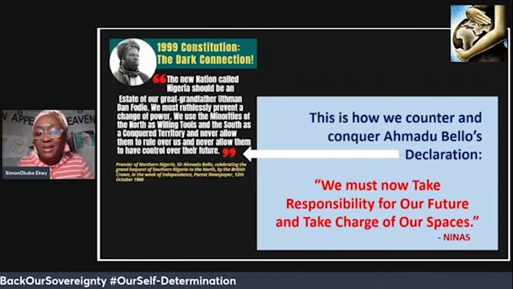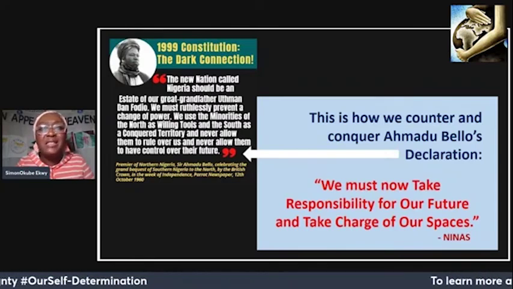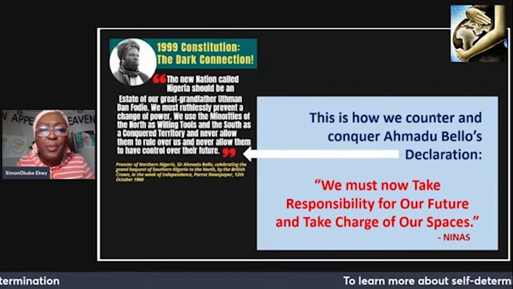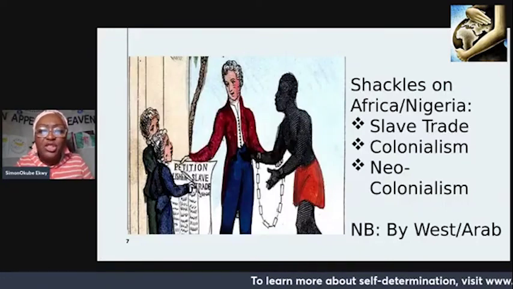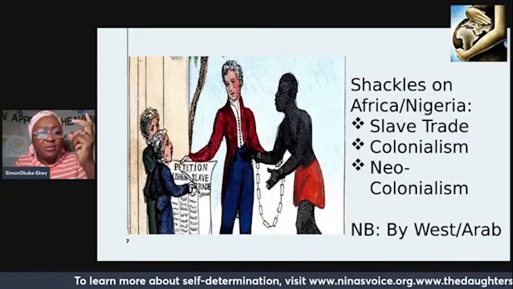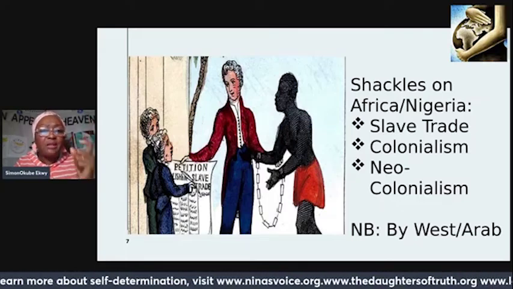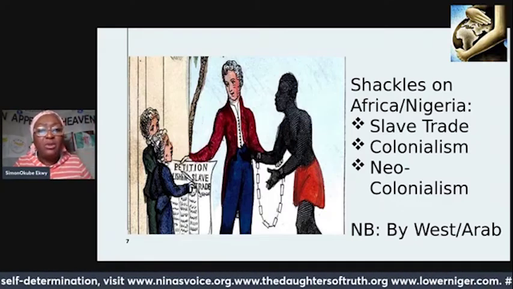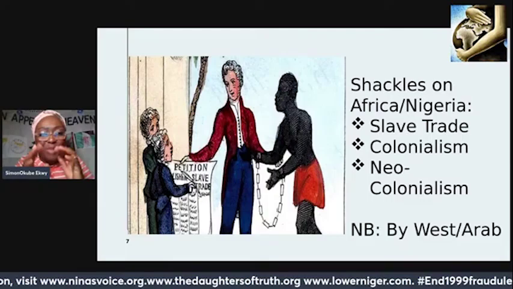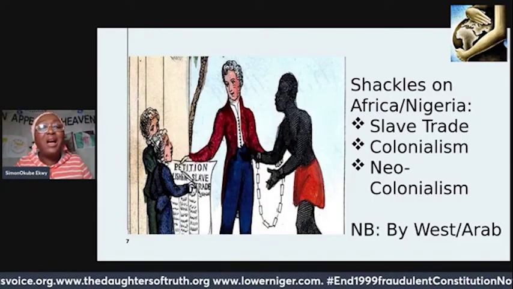It's the same thing. It did not change. And we have shown you this picture. It says shackles on Africa and Nigeria. First slave trade, then colonialism, now neo-colonialism by the same people, the West and the Arab.